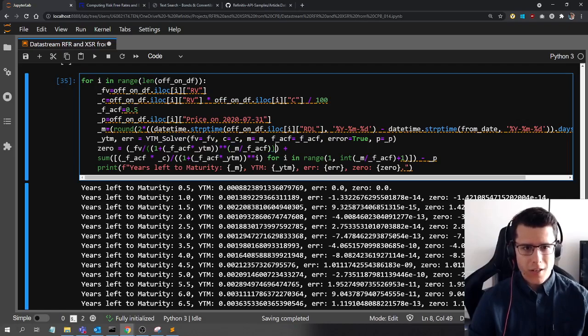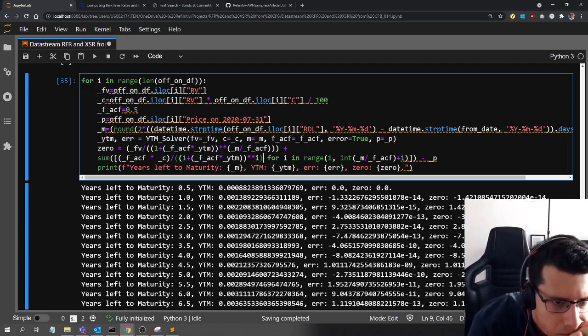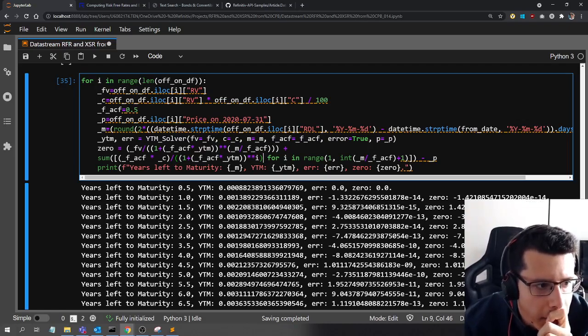There's a lot of them, but they all seem correct. 1 plus, so I'm doing the power of everything here, which is correct. That's for that bracket, and that's for that bracket. And then I'm doing the sum from 1 to this. What am I doing a sum of? I'm doing a sum of my coupon payment made.